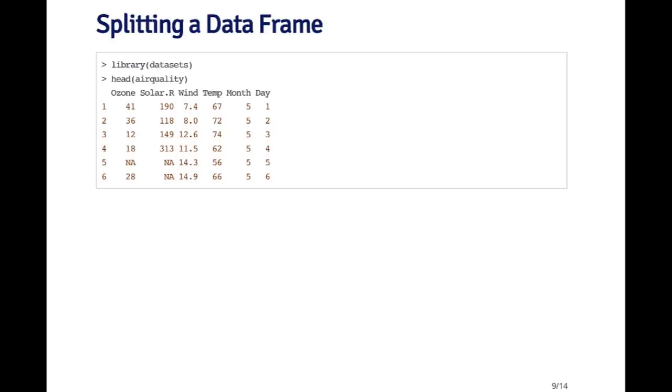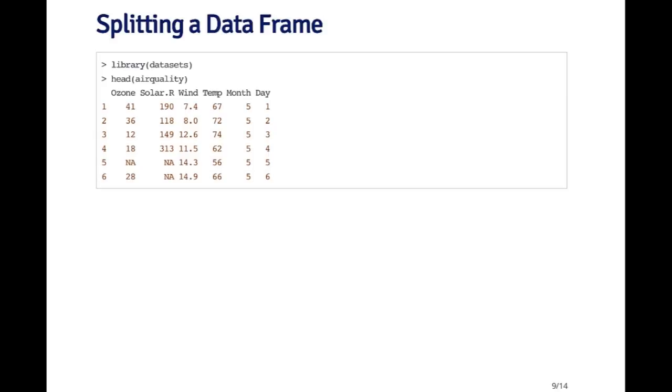And you see there are measurements on ozone, solar radiation, wind, and temperature, and then the month, and then the day within that month. And so one thing I might want to do is calculate, for example, the mean of ozone, solar radiation, wind, and temperature within each month. So in each month, there's 30 some observations, and I want to calculate the mean within each month, right? So how do I do this?